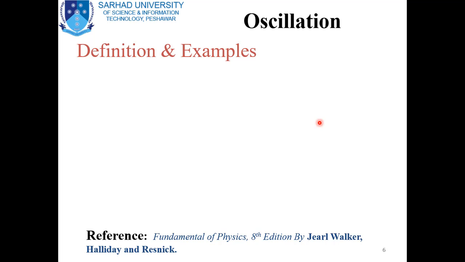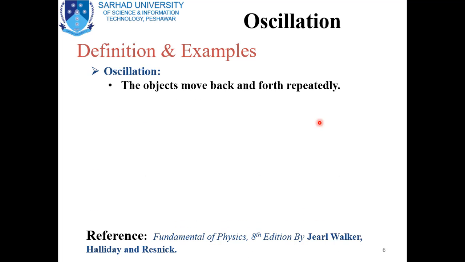We will define the oscillation along with examples. The back and forth motion of an object about a fixed point is known as oscillation, or the object moves back and forth repeatedly. For example, when wind blows past a transmission line, the transmission line oscillates.